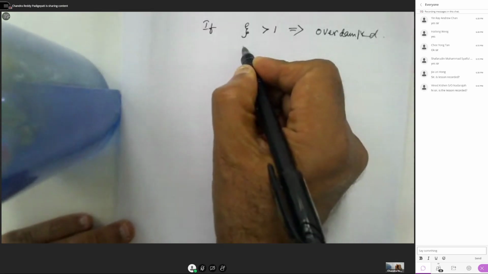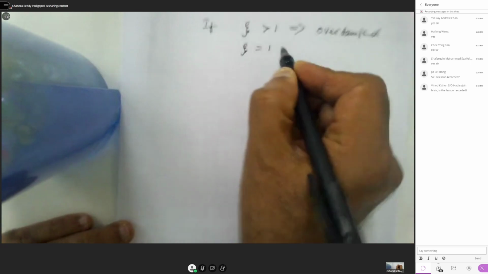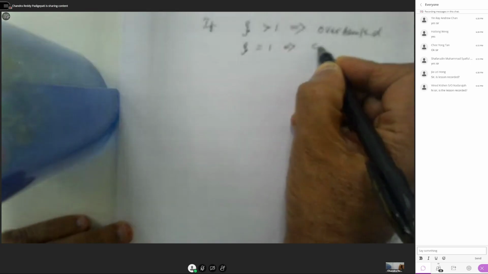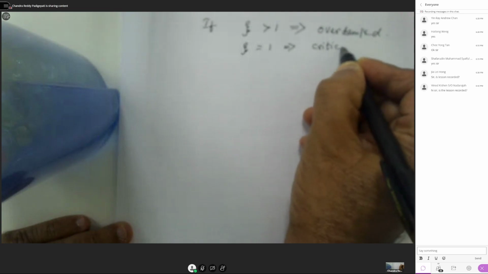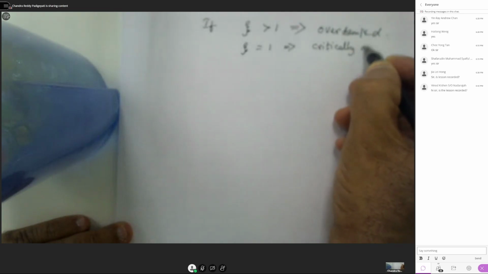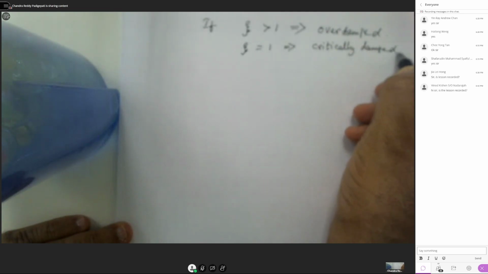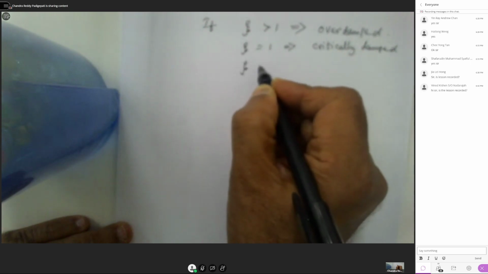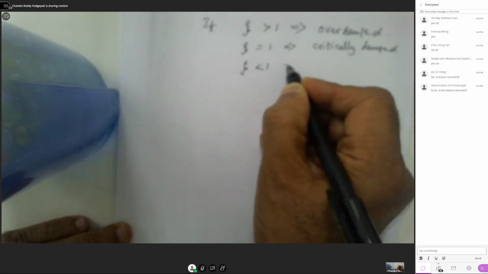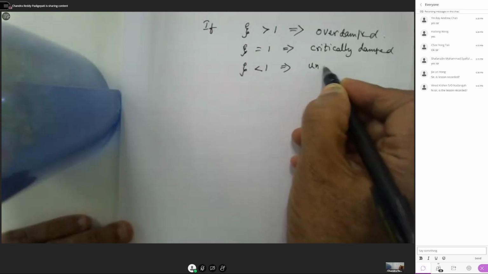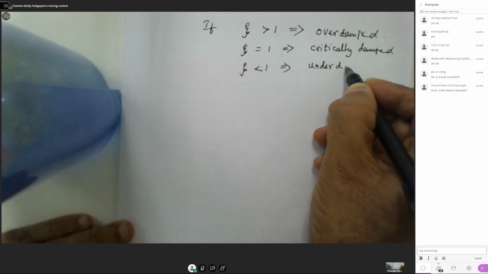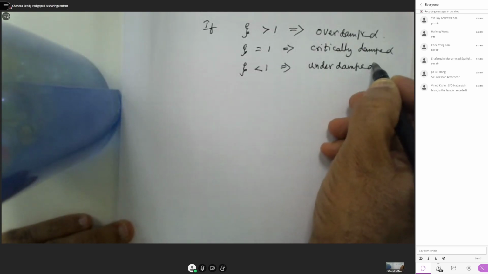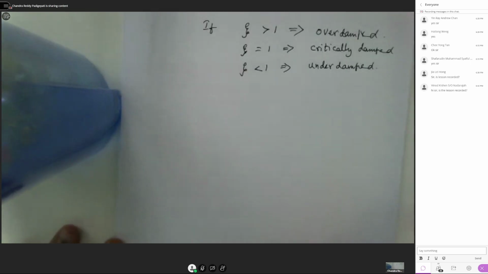Then eta equals 1, so we can say the system is critically damped. And if the damping ratio is less than 1, the system is underdamped, which means we can expect the system to have some vibrations.